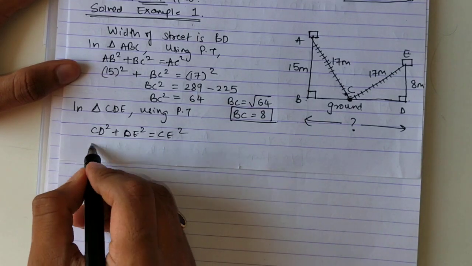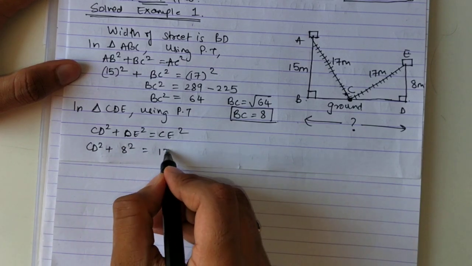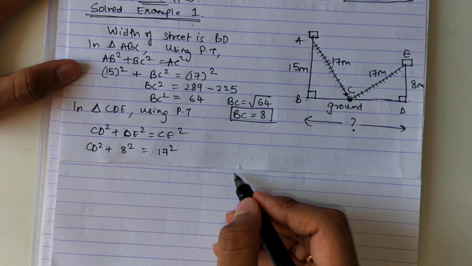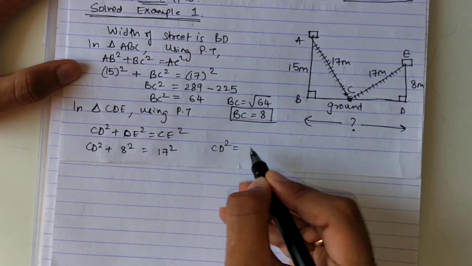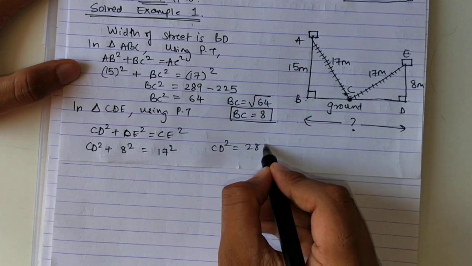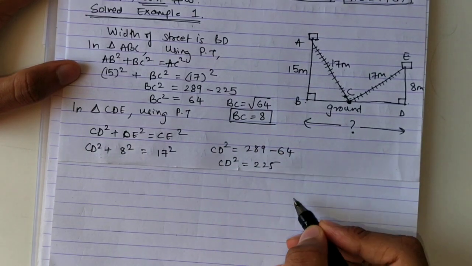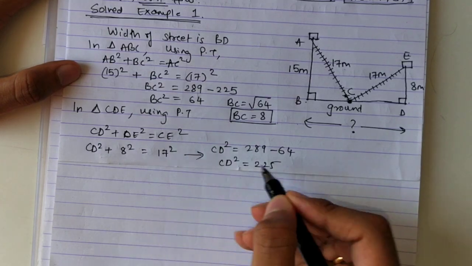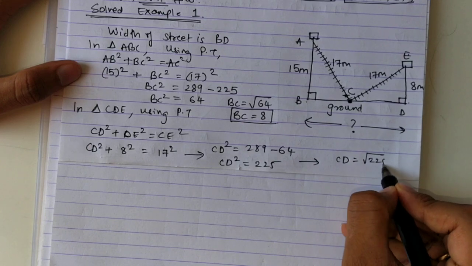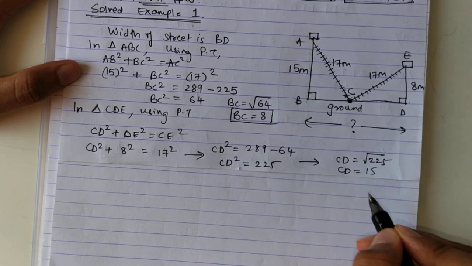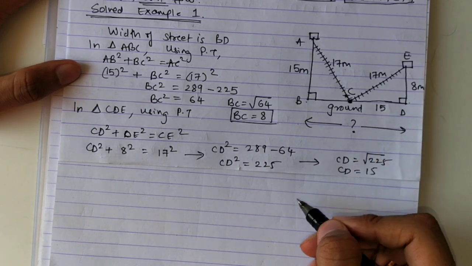Okay, what is CD? We don't know. DE is 8 square and CE is 17 square. This 8 square will come here and get subtracted. So CD square equals 289 minus 64. CD square is 225. Okay, that means CD is root 225, that is 15. Okay, so CD is 15.